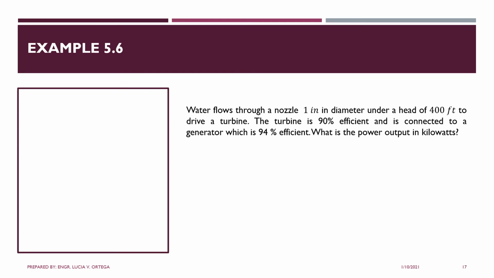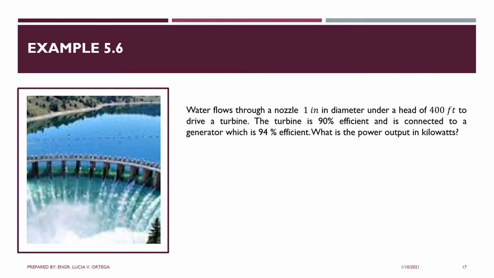Another sample problem. Water flows through a nozzle 1 inch in diameter under a head of 400 feet to drive a turbine. The turbine is 90% efficient and is connected to a generator which is 94% efficient.